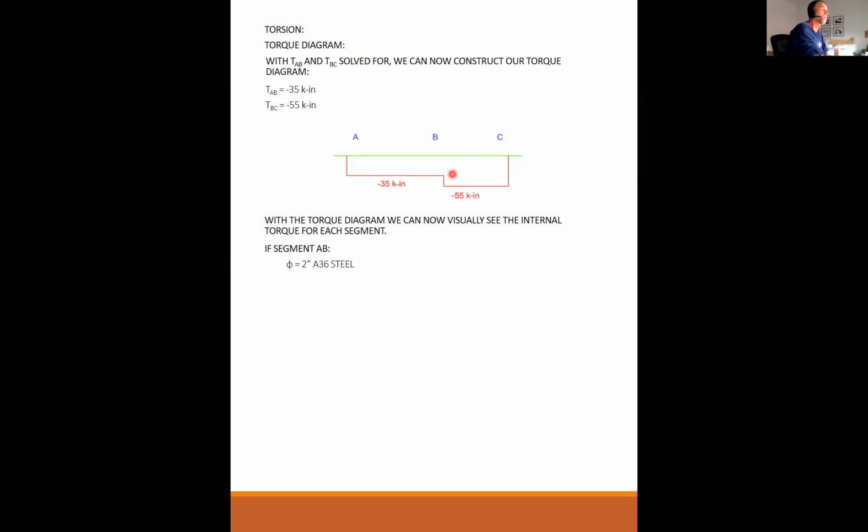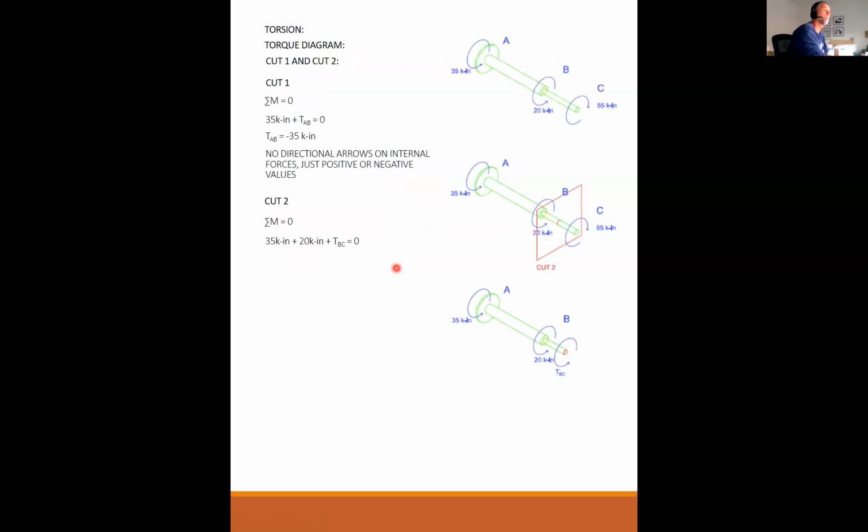Great. Okay, so now I'm going to do a final example that's going to illustrate, if I back up here a little bit, how to use the sum of the segments to find the total twist at the end of this rod.